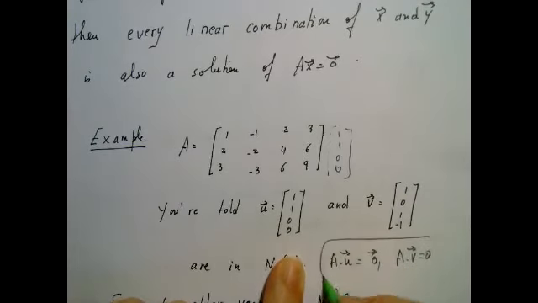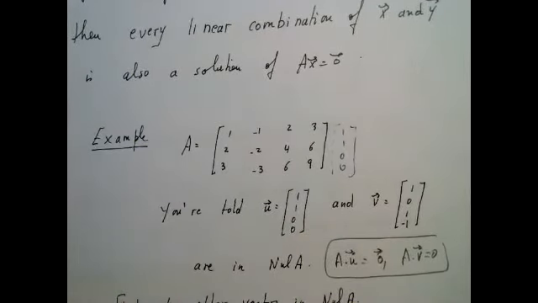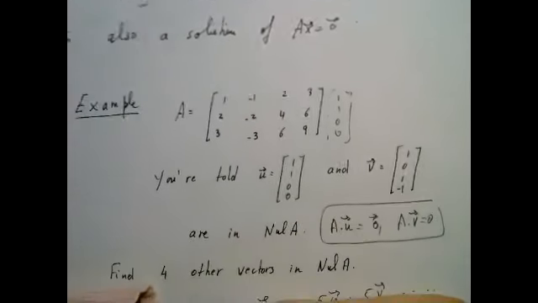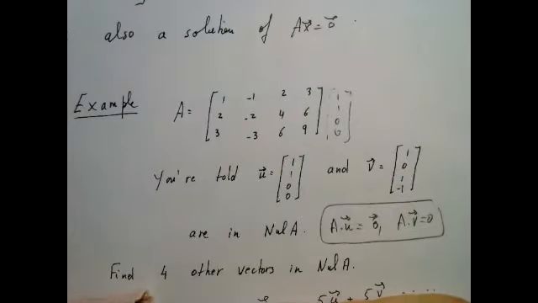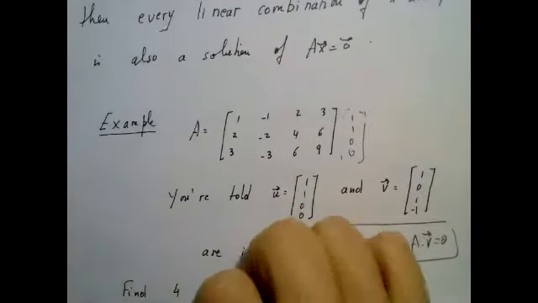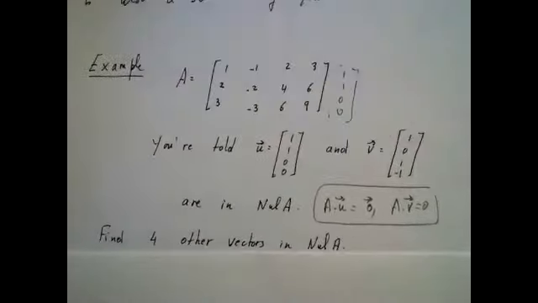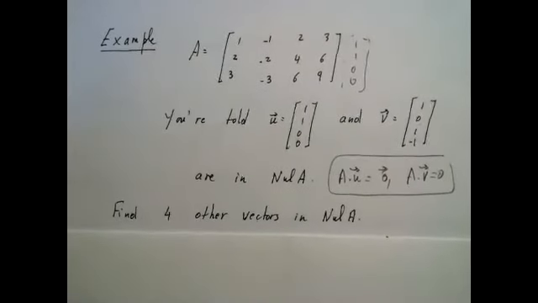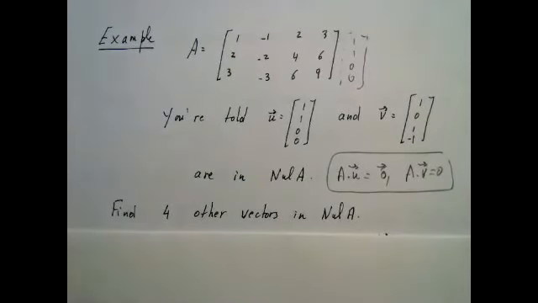That's really what I'm telling you. And here I'm asking you, give me 4 other vectors in the null space. So I'm giving you 2 vectors, and I want you to give me 4 other vectors in the null space. Is it a hard or an easy question based on what I've been talking about?